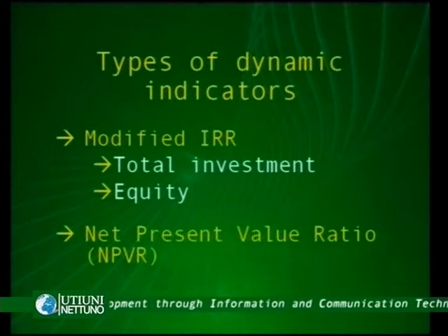And finally we have the net present value ratio. Net present value ratio is a ratio between the net present value of a project and the initial investment. This is required, as we'll see, when you will have to rank different projects depending on their value creation, and the capital budgeting constraints, and the specific projects have different initial sizes and require different initial investment.